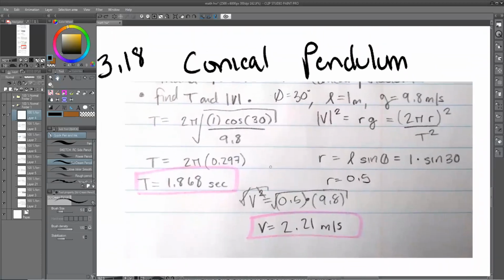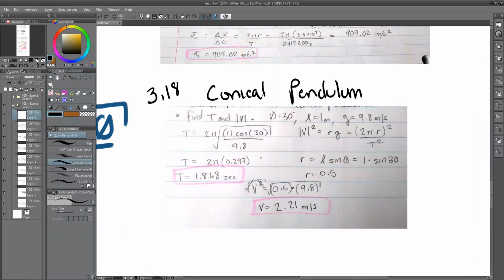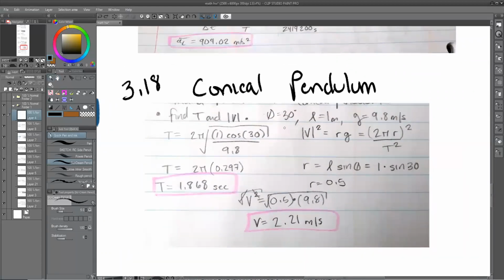The conical pendulum is a similar instance of just being given data and finding the period and finding the velocity. So the data that we're given is over here.